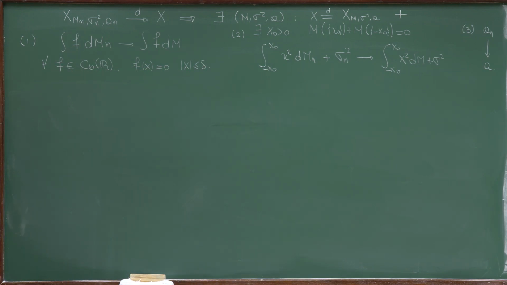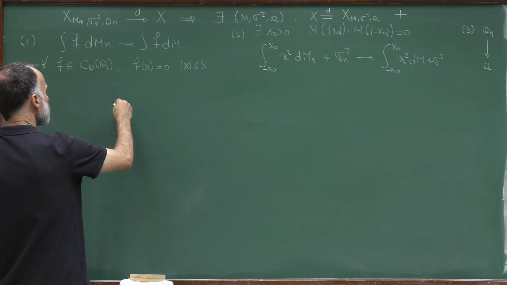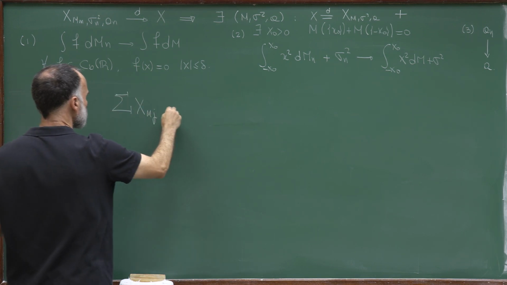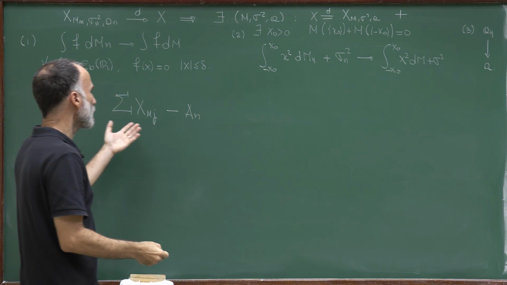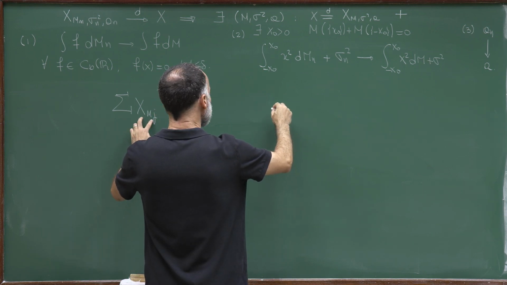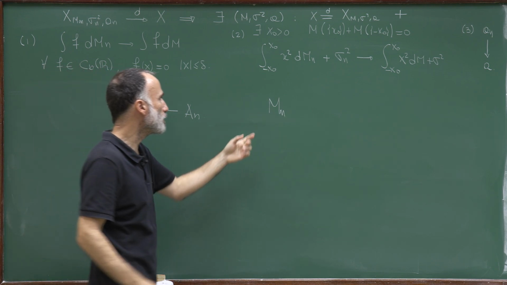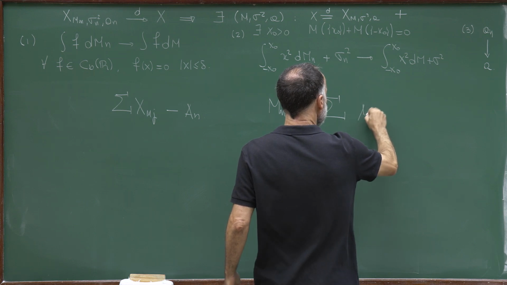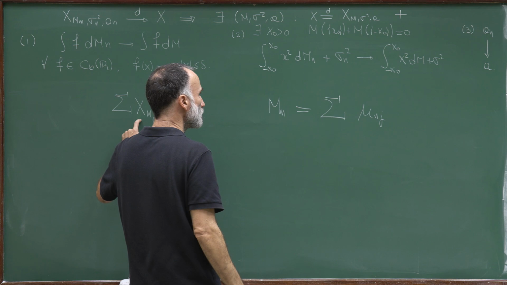And a second comment is that, once we prove this theorem, now we have sufficient conditions to guarantee that our sequence X_{n_j} minus a_n converges. From this sequence of distributions, we construct M_n, the sum of the distribution measures associated to the random variables.